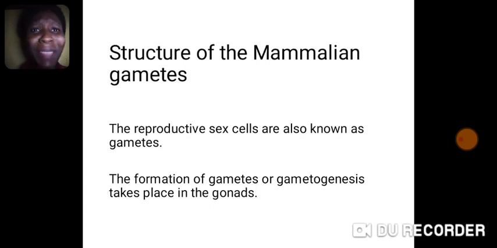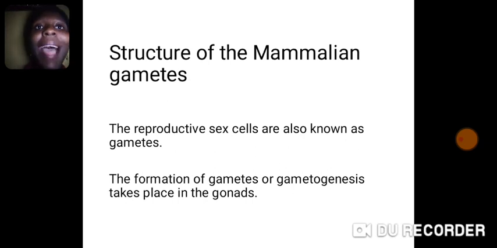Now, what do we mean by gametes? Sex cells, that's correct. So we have the male sex cell and the female sex cell of human beings. The male sex cell of human beings is called the sperm, or sperm cell, plural sperms, or you can also call it spermatozoon, plural spermatozoa.